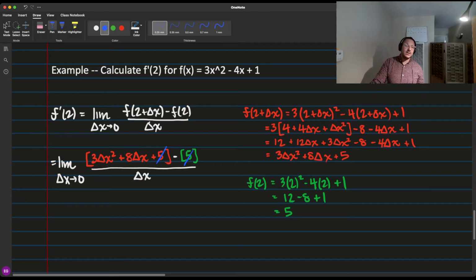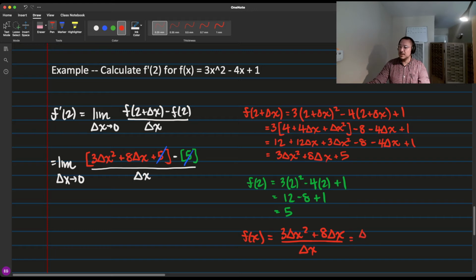Like what we've been saying this whole time, this delta x on the bottom is an issue because you can't just plug in 0, so we're going to have to find a function which agrees except at a point. So up till now, our f of x is 3 delta x squared plus 8 delta x over delta x. Notice you can factor out a delta x on top. You get delta x times 3 delta x plus 8 all over delta x.